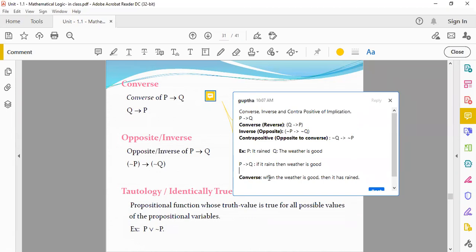Contrapositive, very good. Inverse also you mentioned, very good. Inverse, the "if" is mandatory. What is negation P?